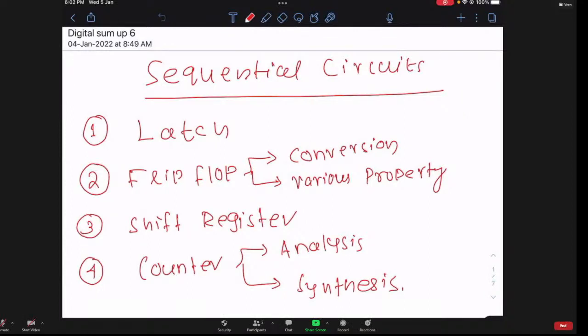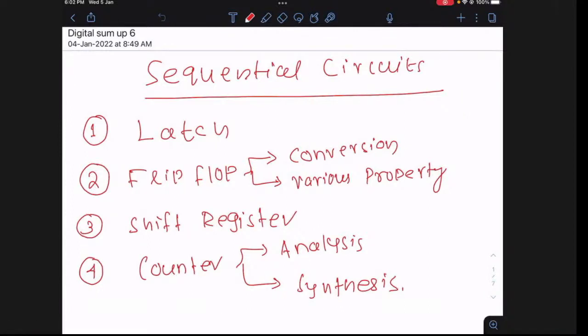And today we are going to take the most important topic of the entire digital, that is the sequential circuits. Although sequential circuits is the biggest chapter among all in digital, there are some areas from where questions are targeted.